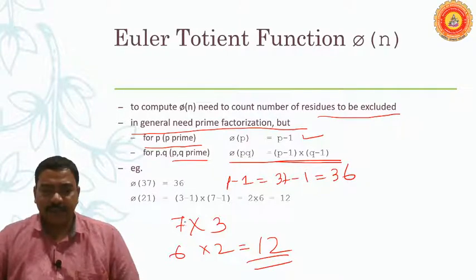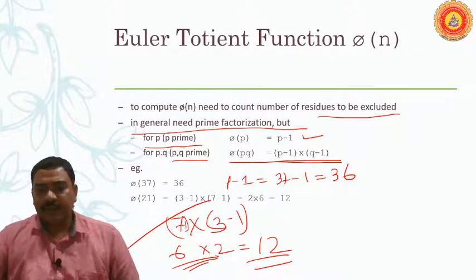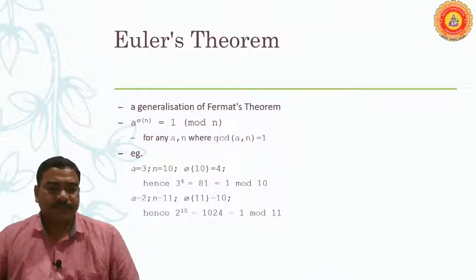So that is 7 minus 1 into 3 minus 1, that is 6 into 2, which is 12. Next, Euler's theorem, a generalization of Fermat's theorem.